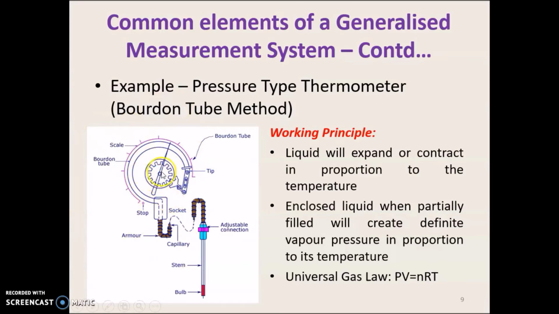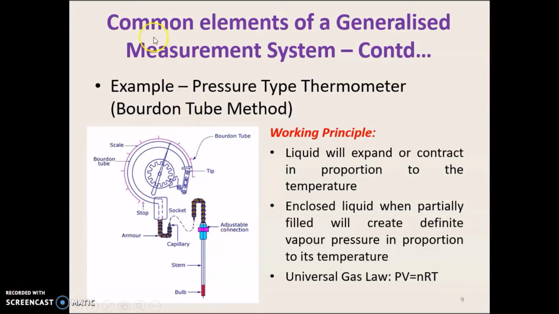This processed signal is given to this pointer through this gear. This processed signal is being read over the data presentation element, that is nothing but the graduated scale, and the observer will be able to see the scale. All these are hidden inside the instrument itself.